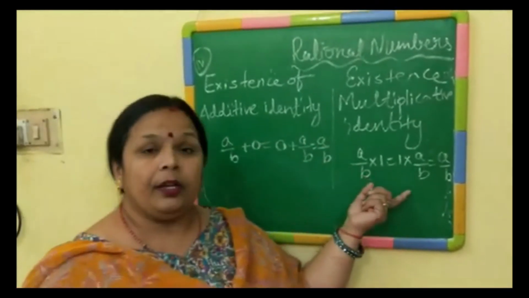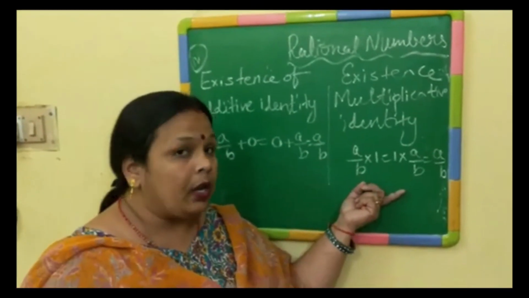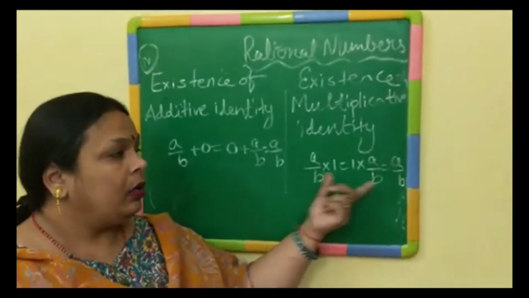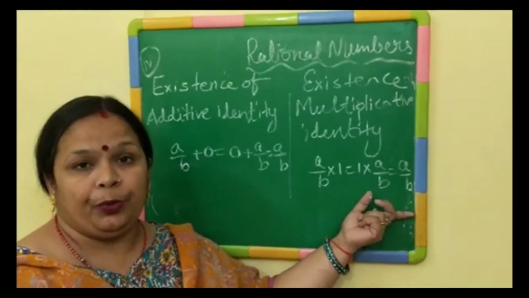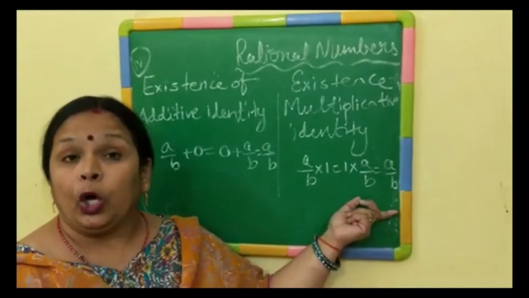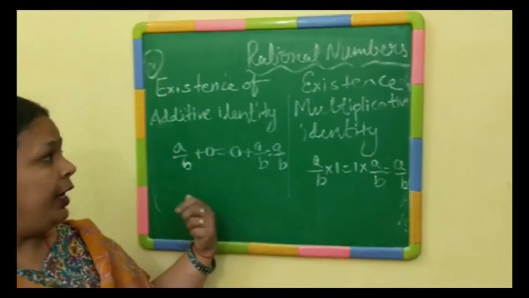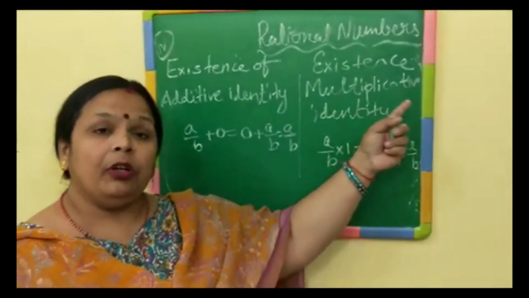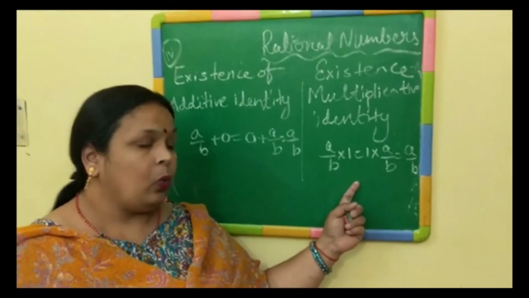For multiplication, the identity is 1. When you multiply any rational number by 1, the rational number does not change. The only concept to remember: for addition, the additive identity is 0, and for multiplication, the multiplicative identity is 1.